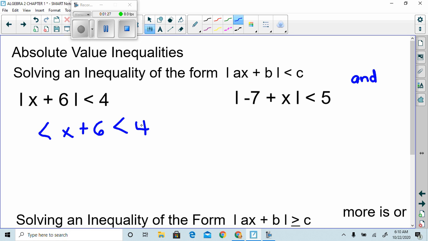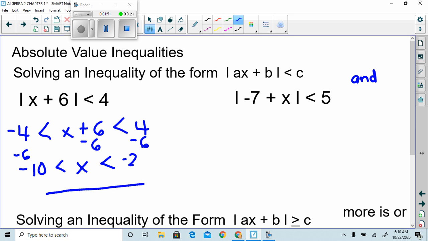And I'm going to take this, remember, positive 4 or a negative 4. So I'm basically writing two inequalities, and I'm going to solve it like I did any other compound inequality. I will subtract 6 on both sides. I get negative 10 is less than x, which is less than negative 2.